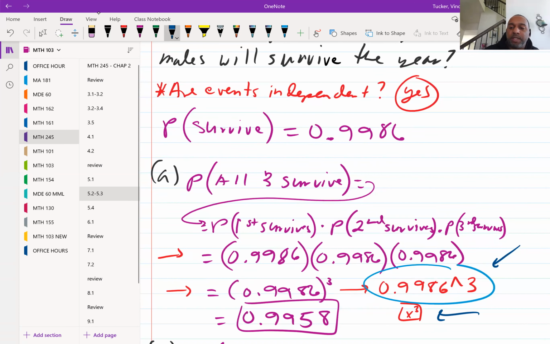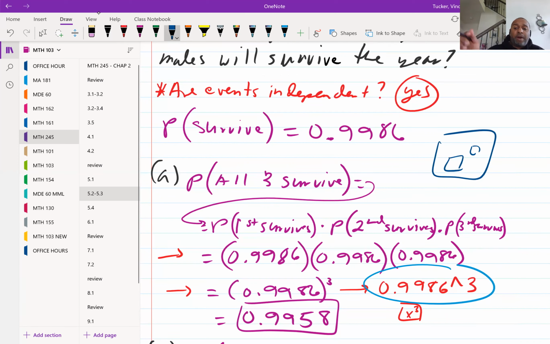Some people may have to use this hat, sometimes called a caret. Some calculators have an option where you can put a number here and a number up here for your exponent. Either way, you need to multiply 0.9986 times itself 3 times.